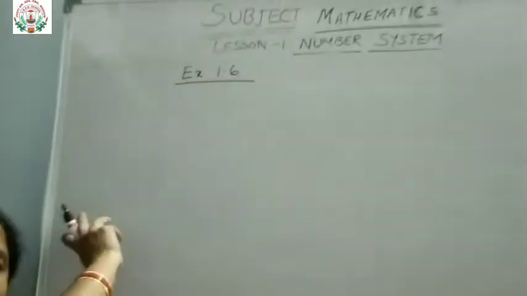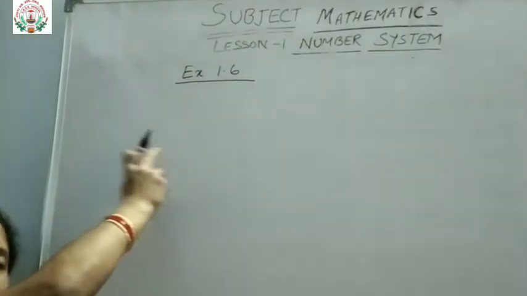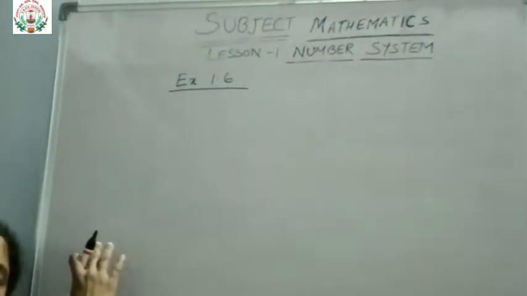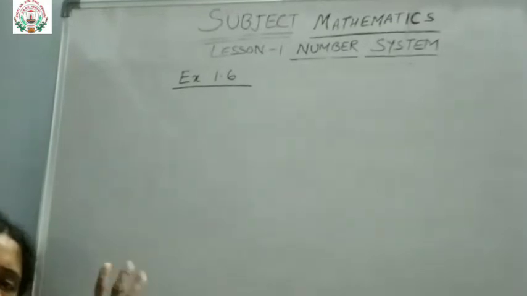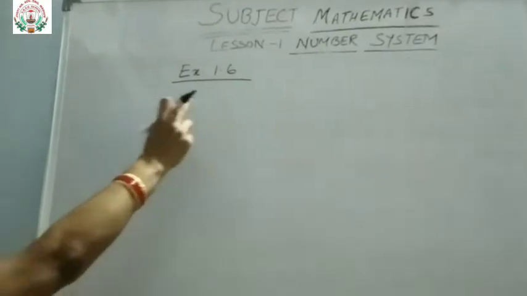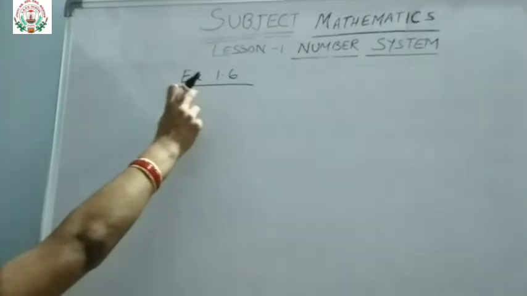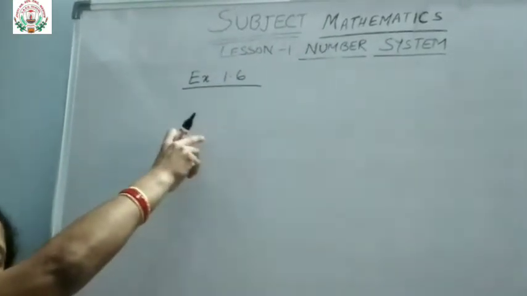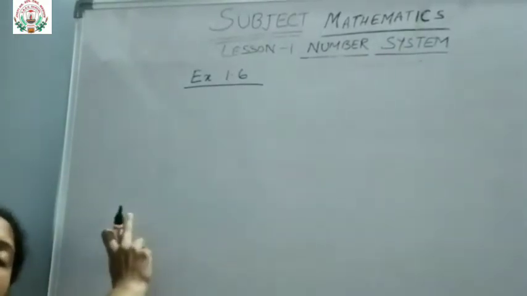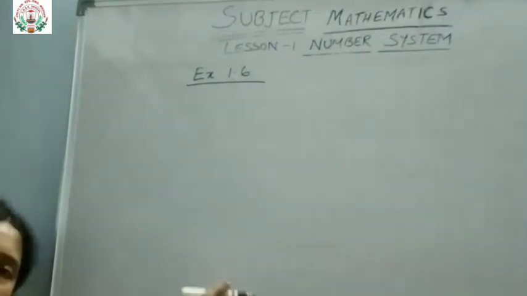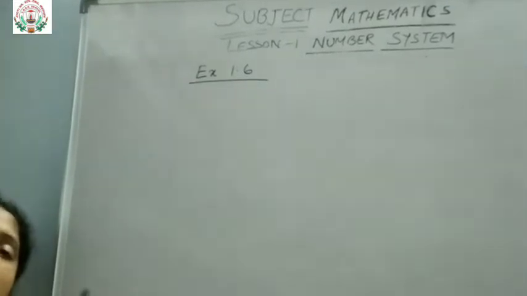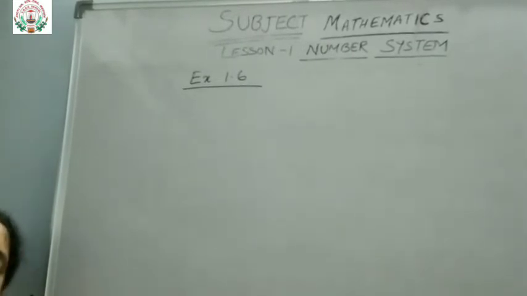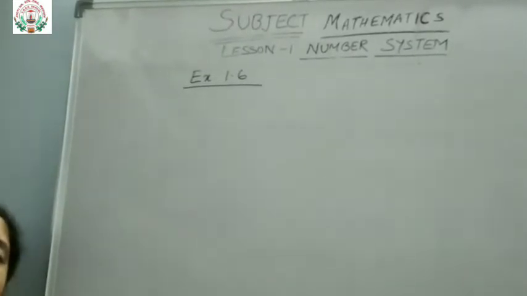Yes, children, we have seen just now the laws of exponents and radicals. Formulas also I have written. Based on that, we have solved 3 example questions. Now we will take exercise 1.6, that is exponents 1, and then move to exercise 1.5. Exercise 1.1 to 1.4 solutions I will give you in PDF.